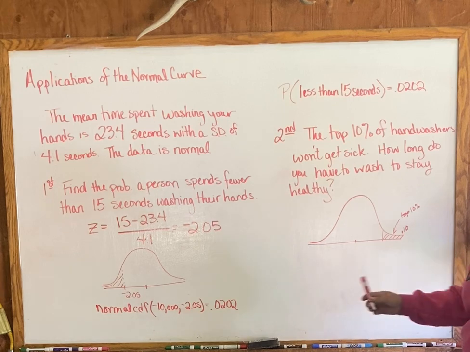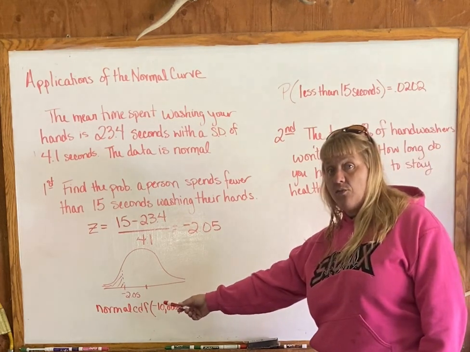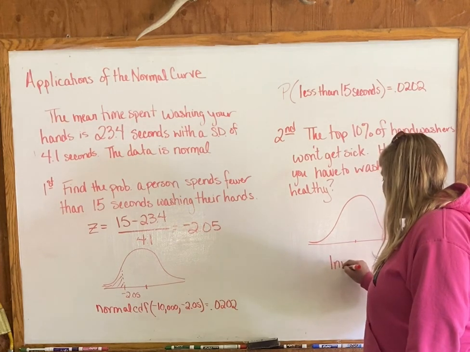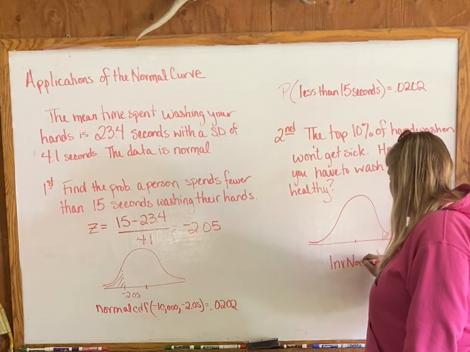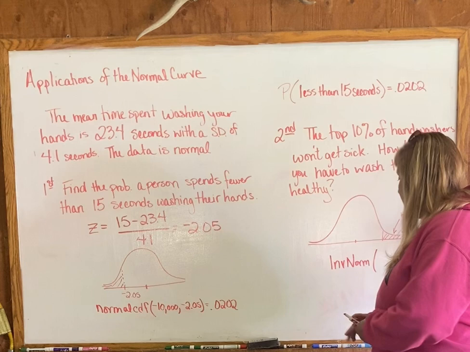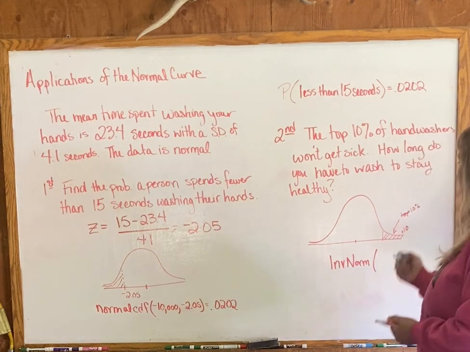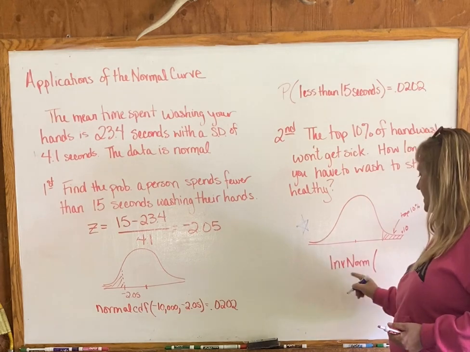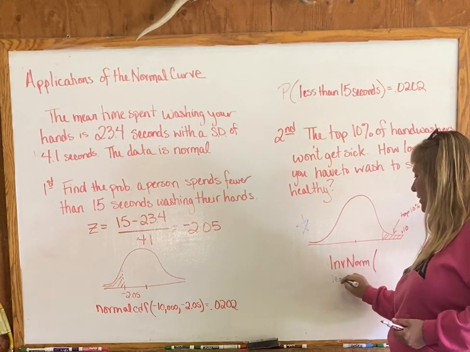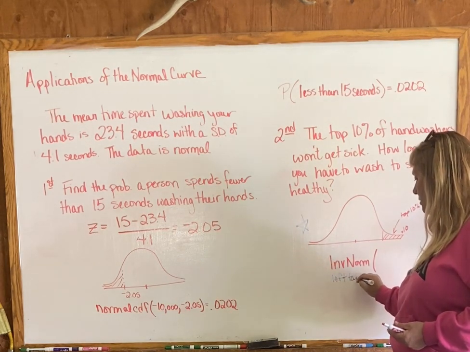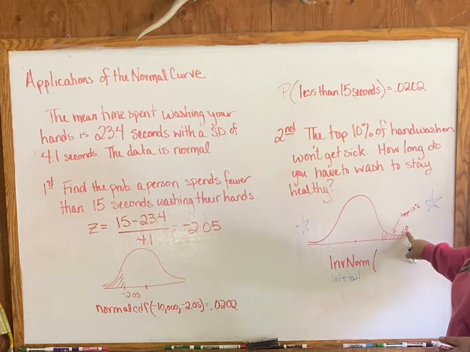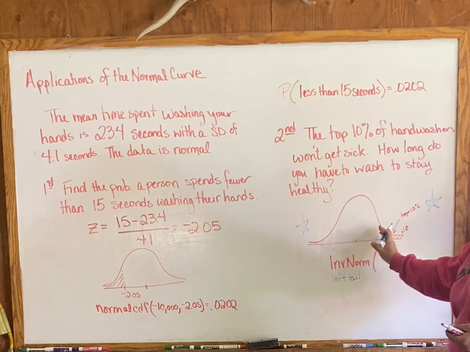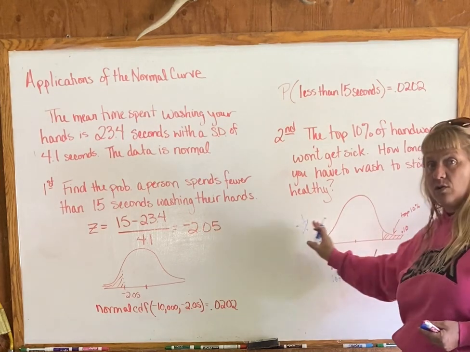So this one, instead of using the normal CDF, we're gonna use the inverse norm. But I want you to remember this is the one where there's definitely a quirk, right? Because this guy always works with a left tail. So if this is a right tail and it's 10%, what's the left tail that goes along with it?